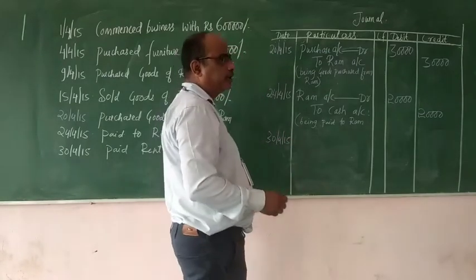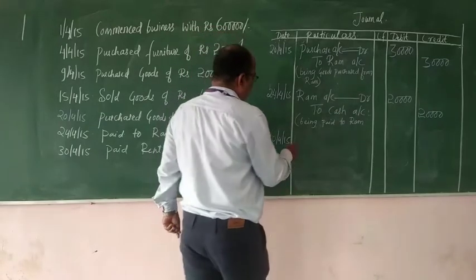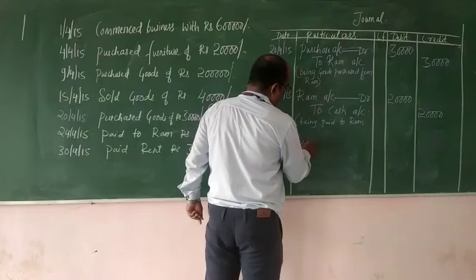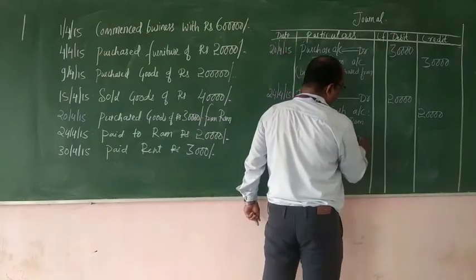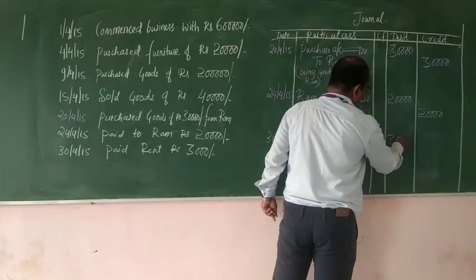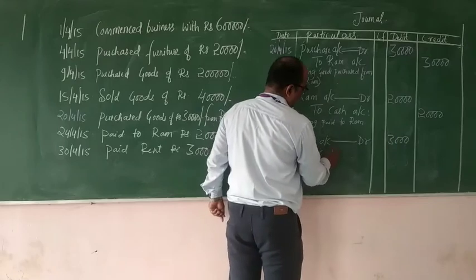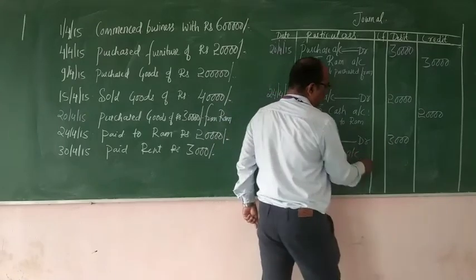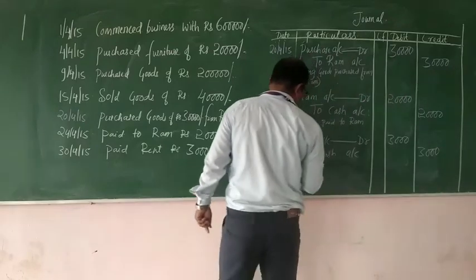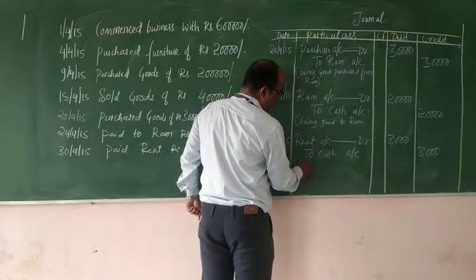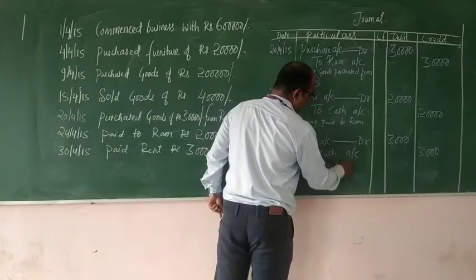The rule is: debit the expenses and losses, credit the incomes and gains. Since rent is an expense, rent account should be debited, to cash. So cash goes out when you pay the rent, it is a real account. The rule is debit what comes in, credit what goes out. Being rent paid.